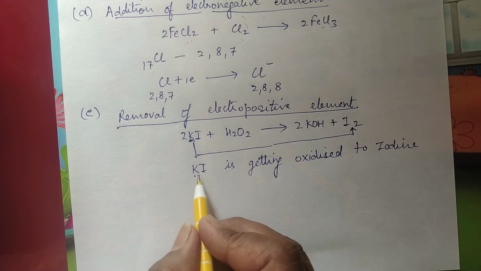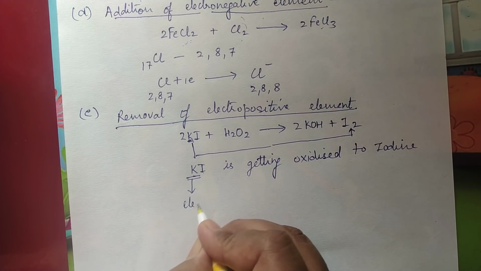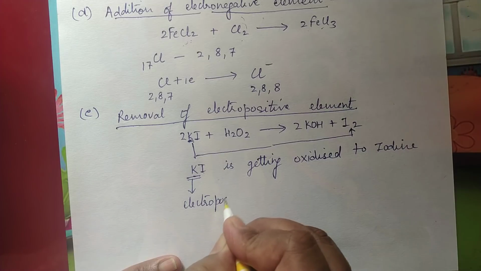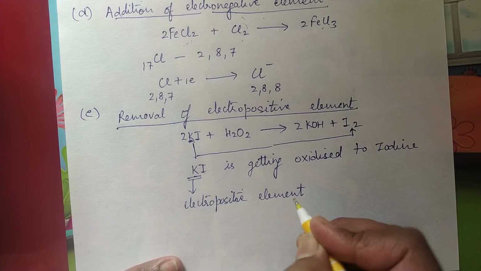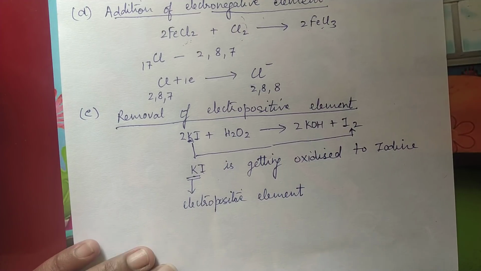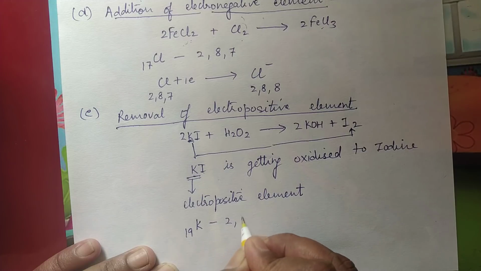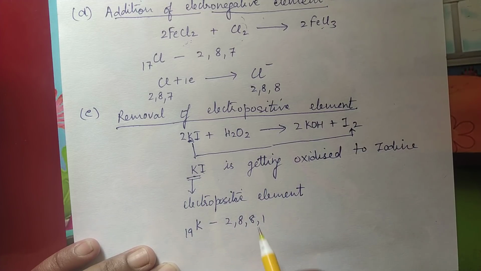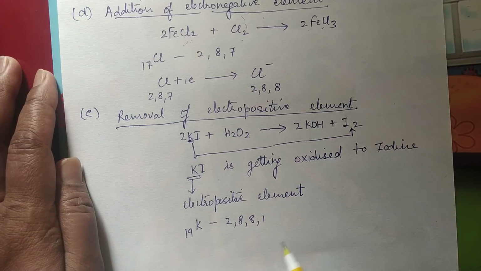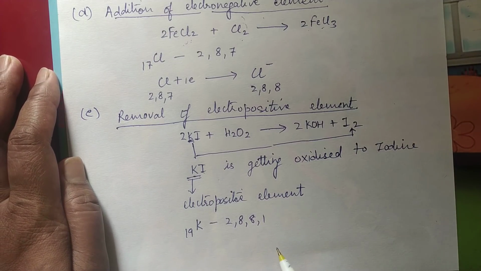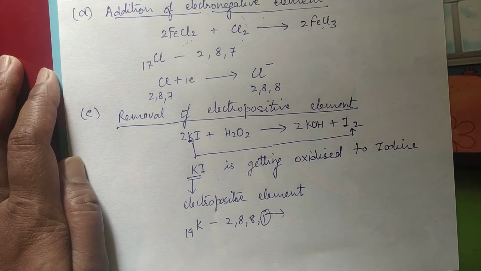Now K is an electropositive element. How can you say it is an electropositive element? Potassium has atomic number 19, electronic configuration 2, 8, 8, 1. It has one electron in its outermost shell. To become stable, it will lose this one electron from its outermost shell.